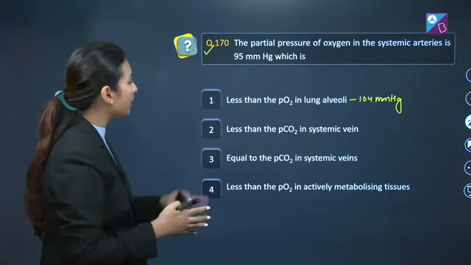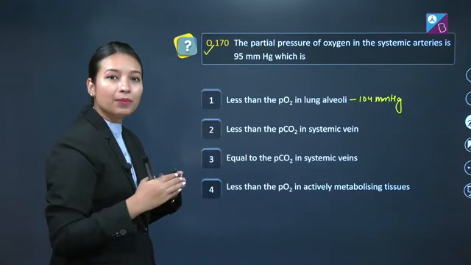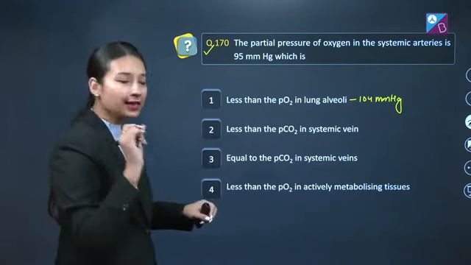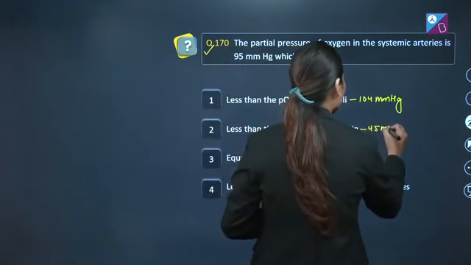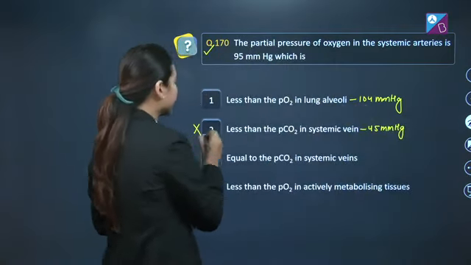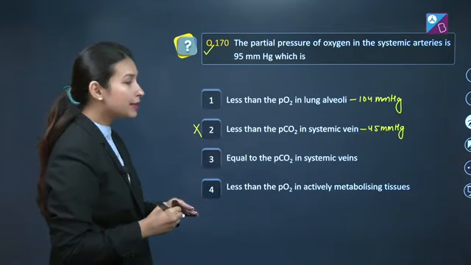दूसरा ऑप्शन है यहाँ पे less than the PCO2 in systemic veins. ये भी हमने previous slide में discuss किया that the value of PCO2 in systemic vein is 45 mmHg. So this is incorrect. Option number 3 equal to the PCO2 in systemic veins.